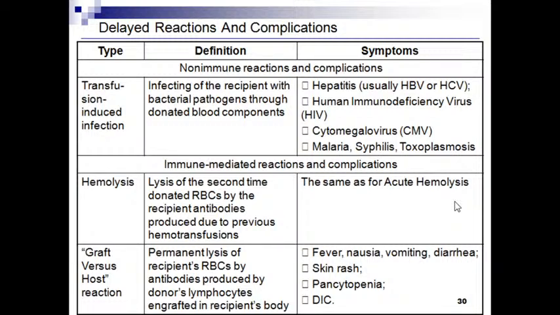Clinical presentation is fever, nausea, vomiting, diarrhea, skin manifestation as a skin rash, and laboratory manifestation as a pancytopenia or disturbance of coagulation profile of the recipient, such as disseminated intravascular coagulation syndrome.